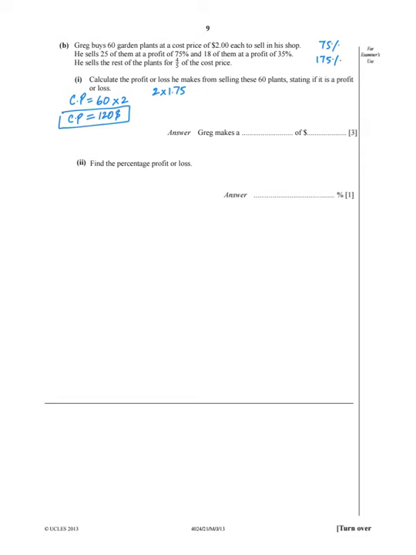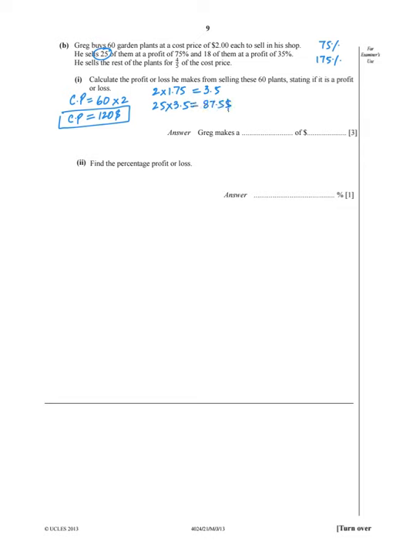So if it is a profit, you need to add it to 100, and if it is a loss, you need to subtract. So if it says 75% profit, I need to multiply. So 1.75 times 2 is equal to 3.5. All right, so that is the selling price. And with this price, he sells 25. So it will be 25 times 3.5, which leads to 87.5, right?